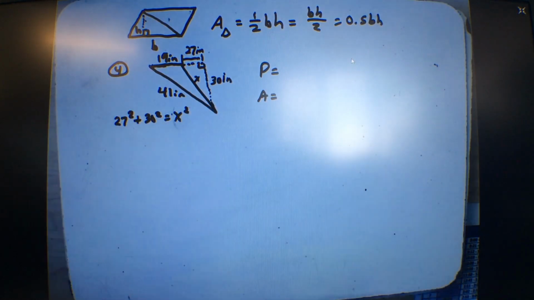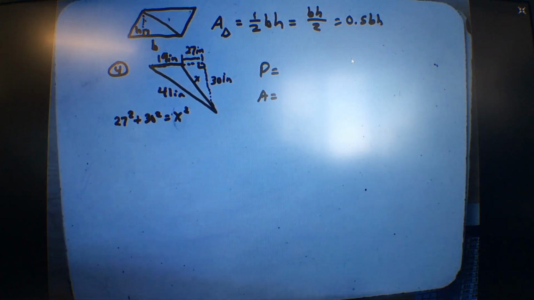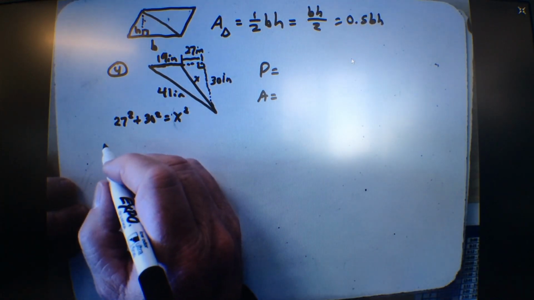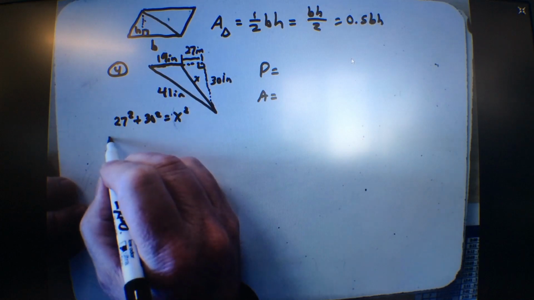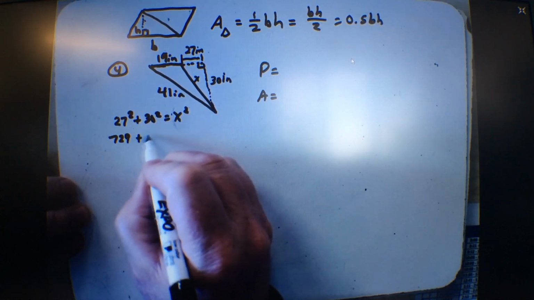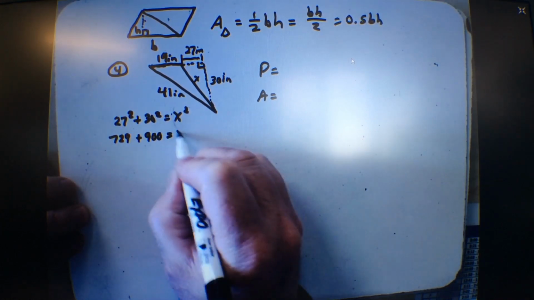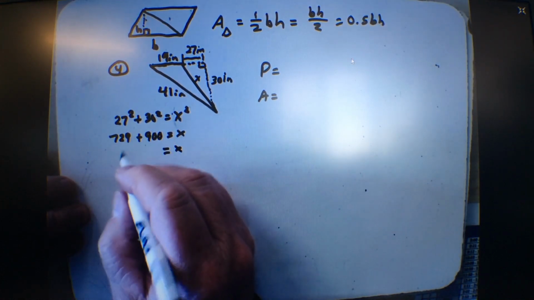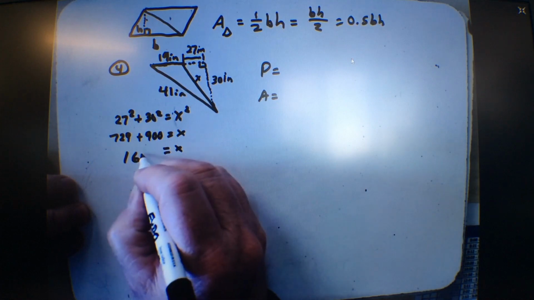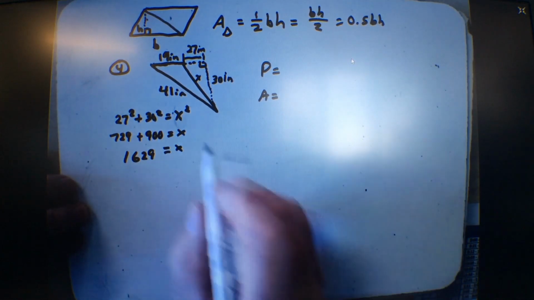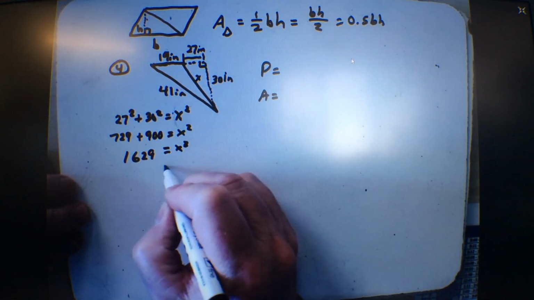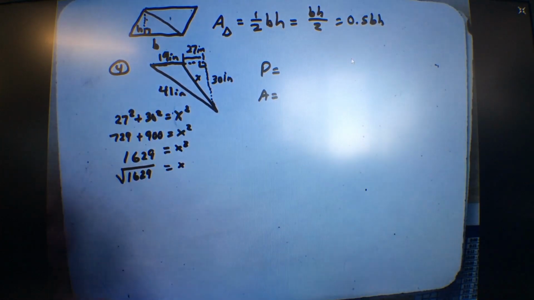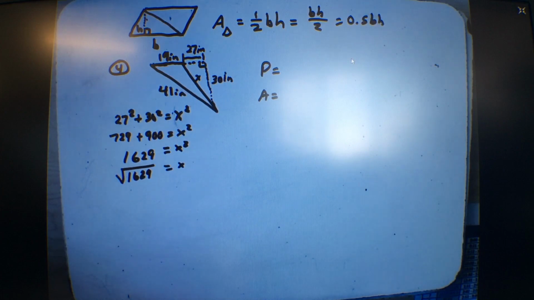Do you understand that? Now, what is 27 squared? 729. What's 30 squared? 900. So tell me what 900 plus 729 is. 1,629. So that's x squared, right? So what's x? The square root of that. Now I'm going to show you how to do this so we're accurate.